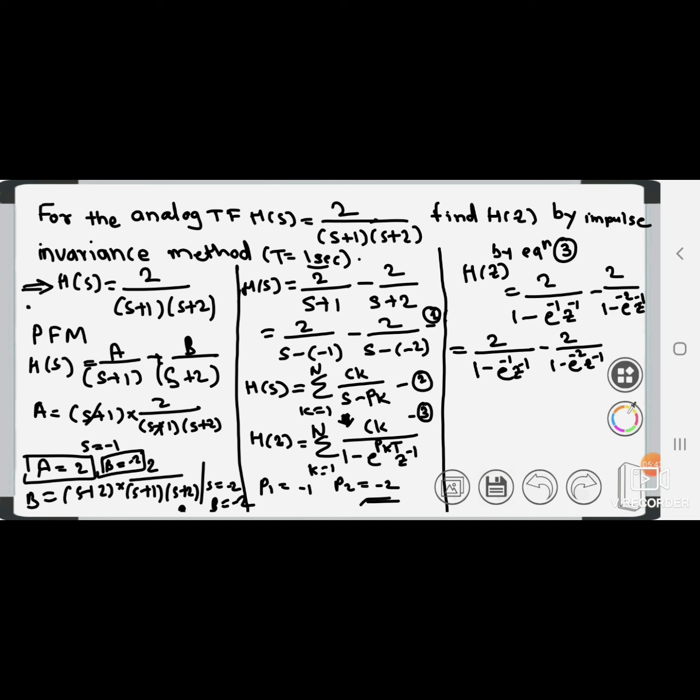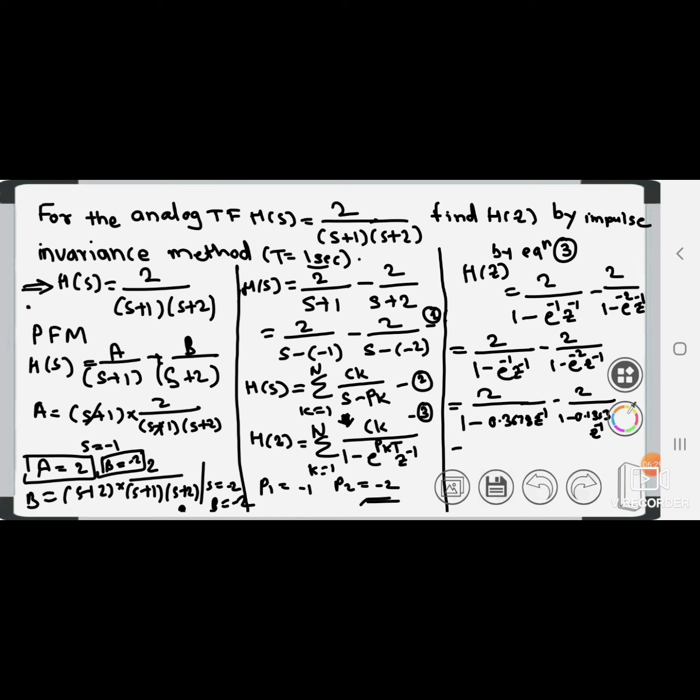Now put the values of e^-1 and e^-2. Just calculate the values on the calculator and we get 2 upon (1 - 0.3678 z^-1) minus 2 upon (1 - 0.1353 z^-1).